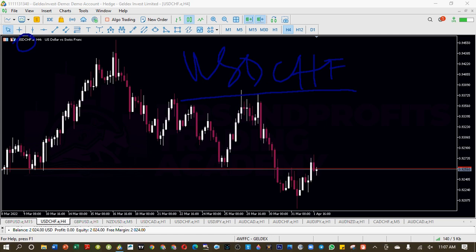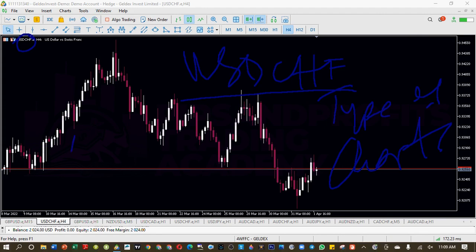Okay, so we have types of charts. The first one we have is what we call the bar chart. We are going to look at how they all look.